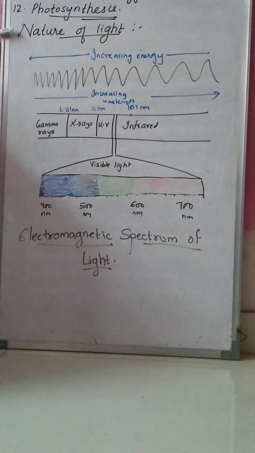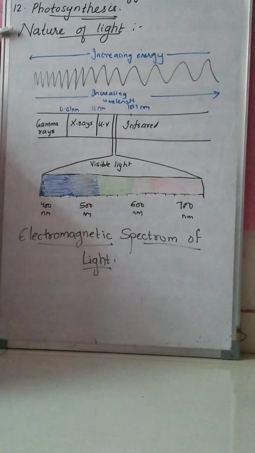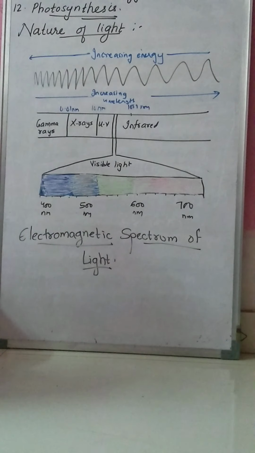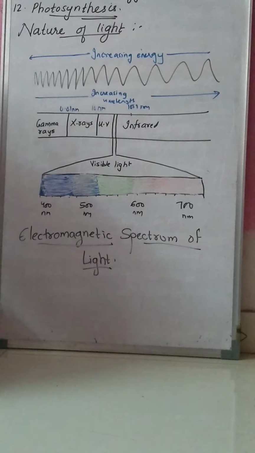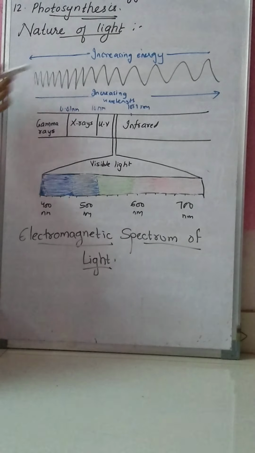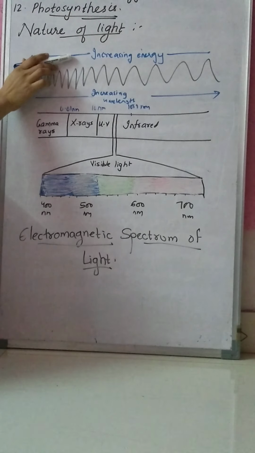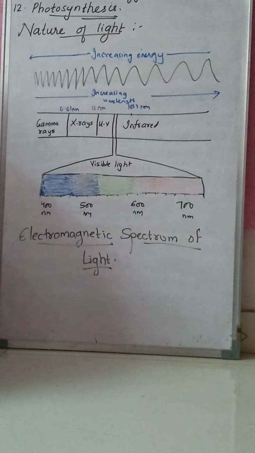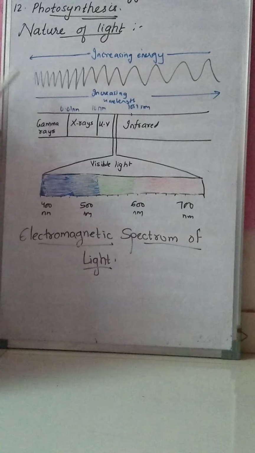Next is nature of light. Now you all know that light is in the form of energy. Light is always in the form of energy, and light travels as a stream of tiny particles.